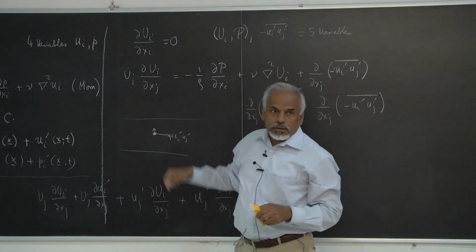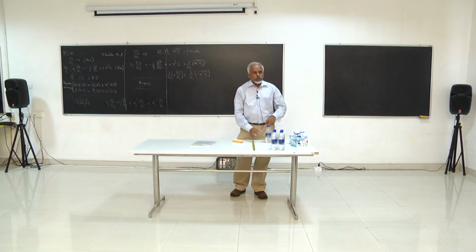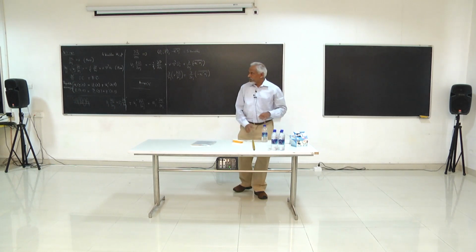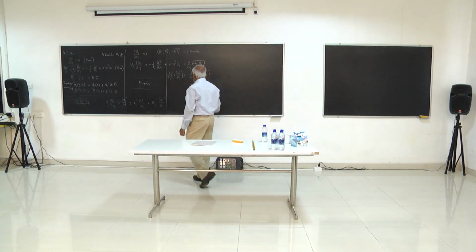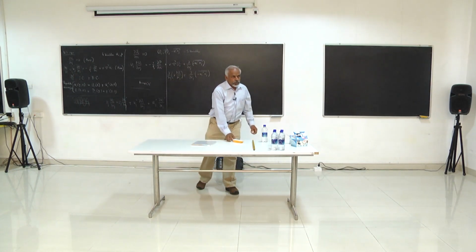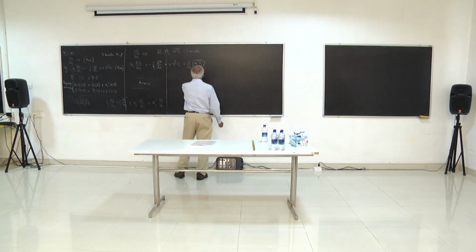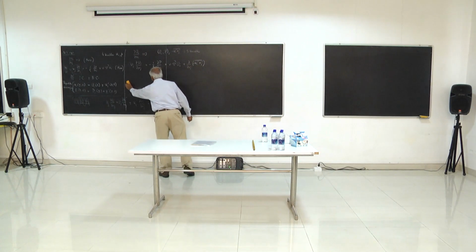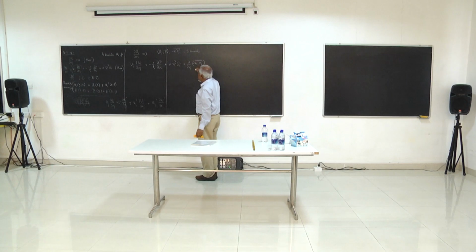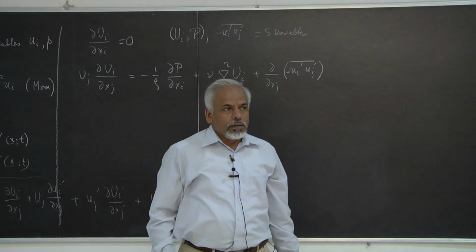One equation and three here. So this, of course, makes the system indeterminate. You cannot have a smaller number of equations than the unknowns. And that's a problem in turbulence. This is an illustration of the problem in turbulence, that you have more terms than the number of equations available to you. If somehow you could neglect it, then of course it's the same equation as that and everything would be fine. But you cannot.